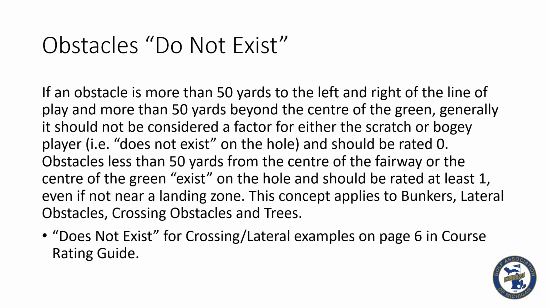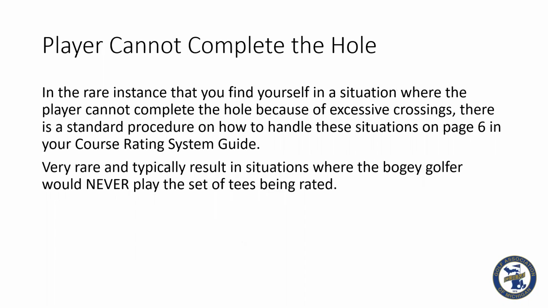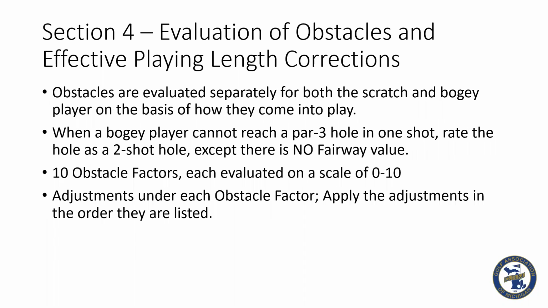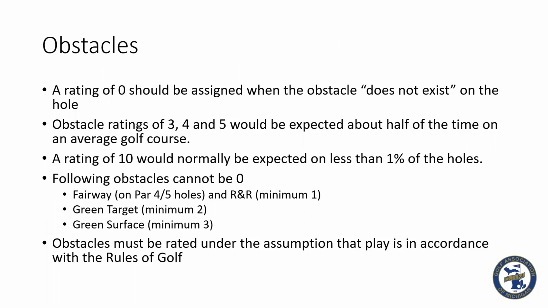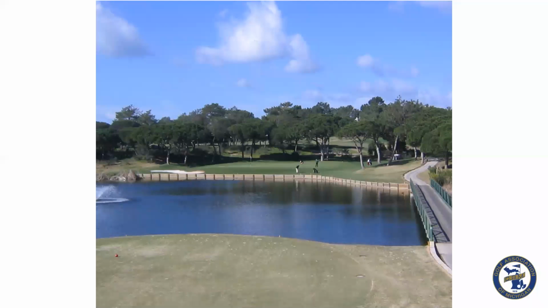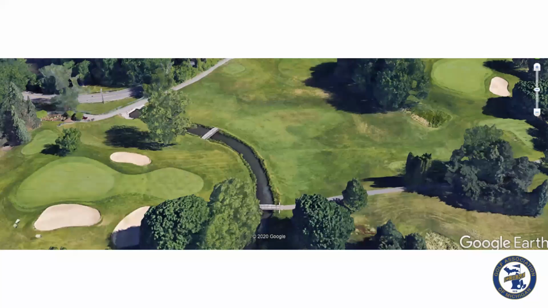Yeah. So I'll show you a few examples here. When we talk about crossing, you have a crossing here of, let's just call it, 70 yards across, and then you have another 70-yard crossing here, but obviously they're a lot different.